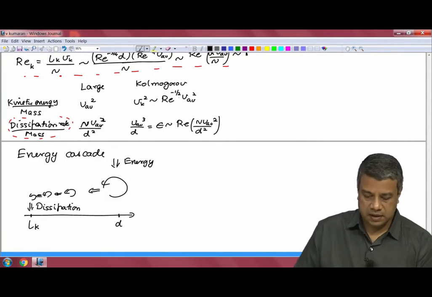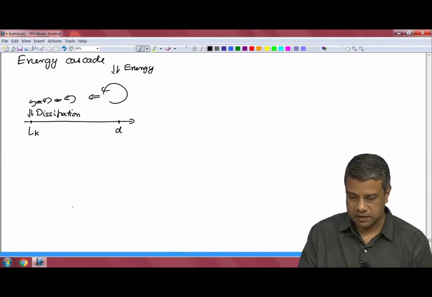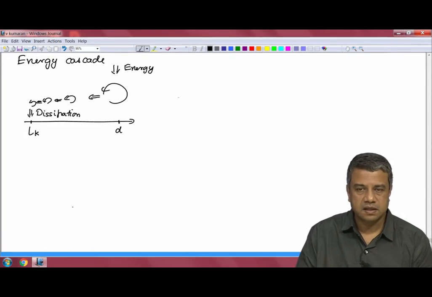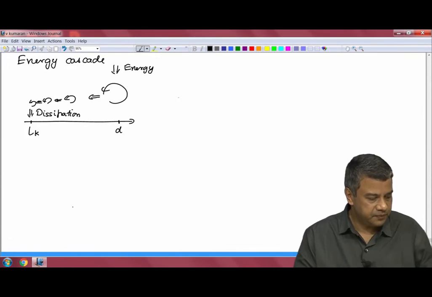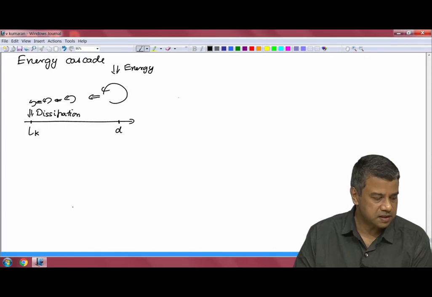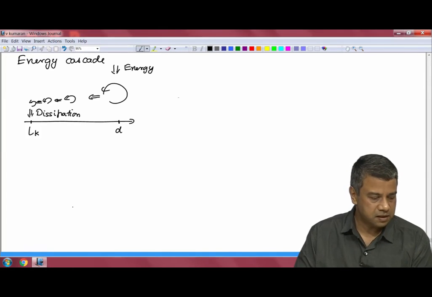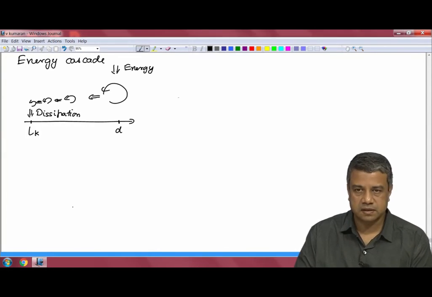So, if you recall, I had told you earlier that turbulence is a continuum phenomenon. That is, the size of the smallest eddies is always much larger than the molecular sizes. We can estimate the size of the eddies and the molecular sizes if we take, for example, a flow in a gas, for which we know that the molecular size is the mean free path and the molecular velocity is the root mean square velocity.